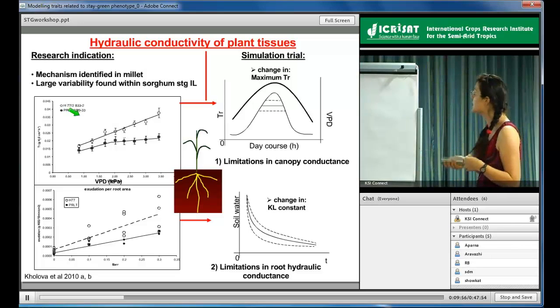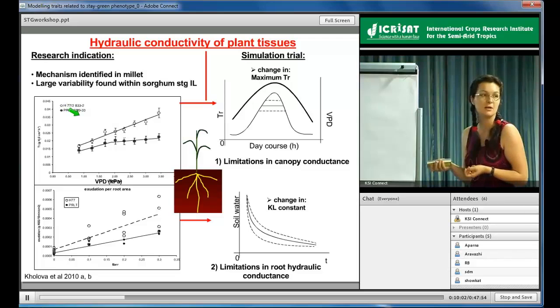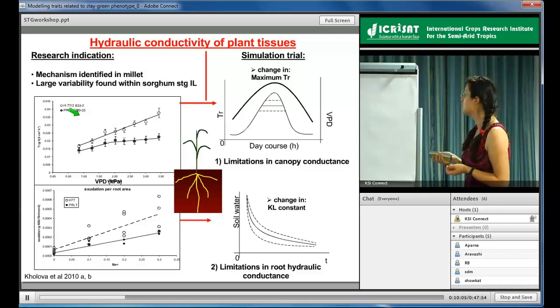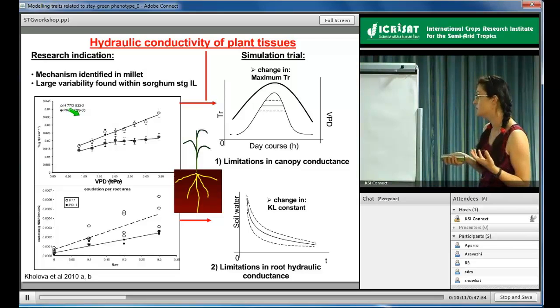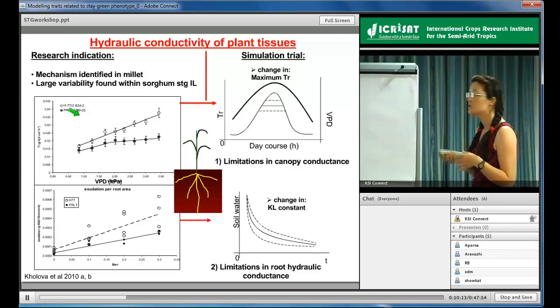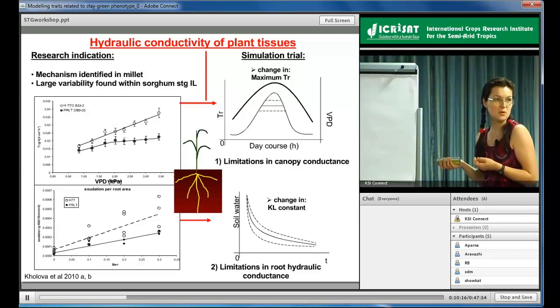All these mechanisms related to hydraulic conductance of the plant tissues were originally explored in pearl millet. So I won't make it too complicated for this presentation, but we were actually able to identify the mechanisms which relate to midday stomatal closure.